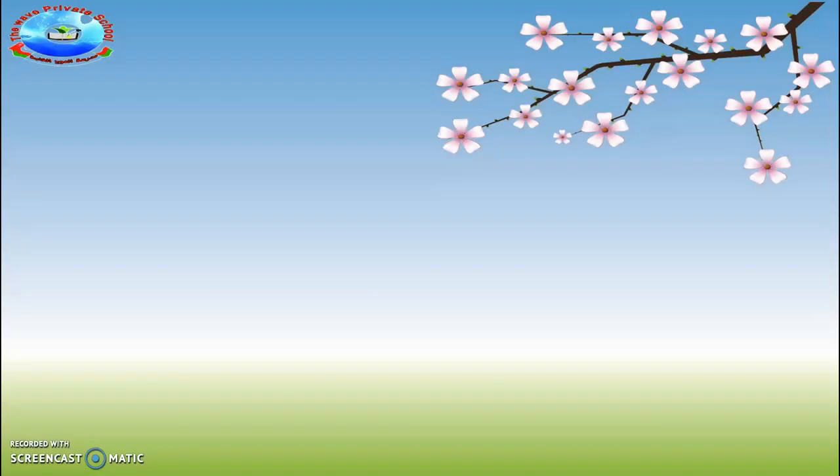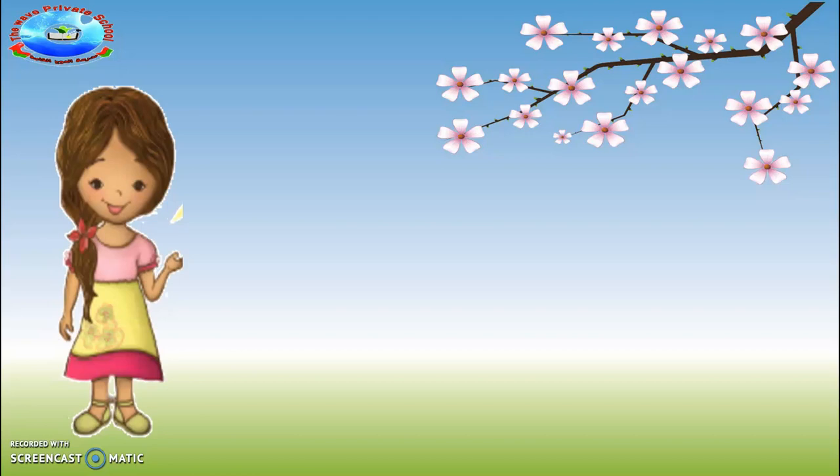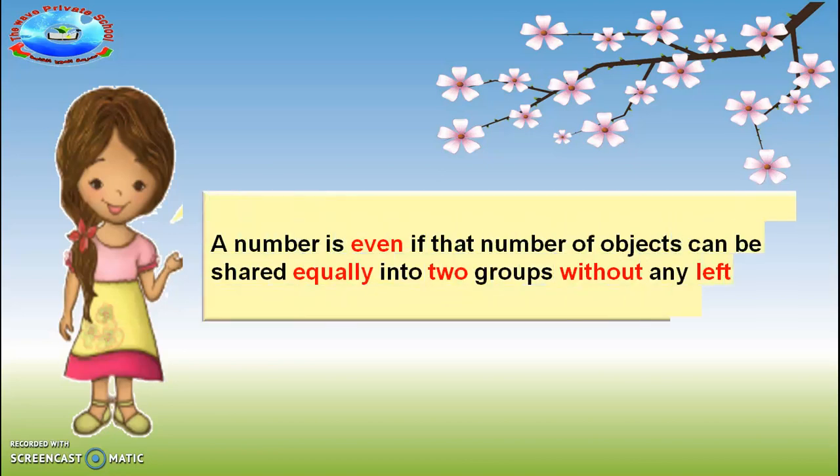Yes, we shared 4 toy cars equally into 2 groups and there are no toy cars left over. Also, we shared 6 cupcakes equally into 2 groups. There are also no cupcakes left over. That is, a number is even if that number of objects can be shared equally into two groups without any leftover.